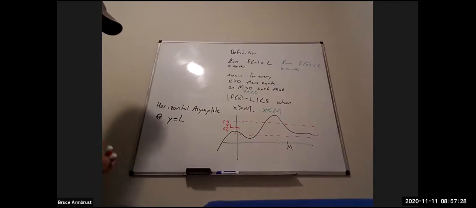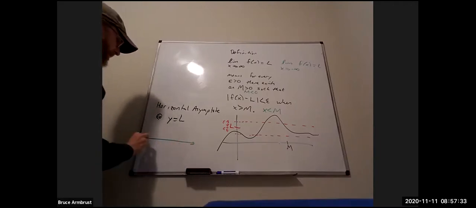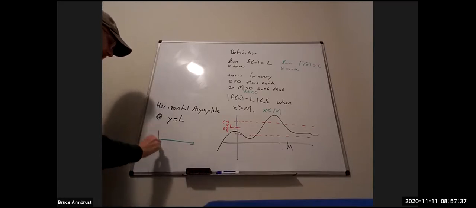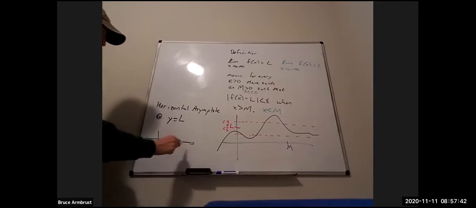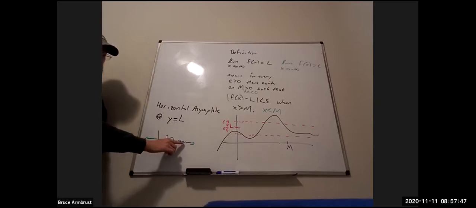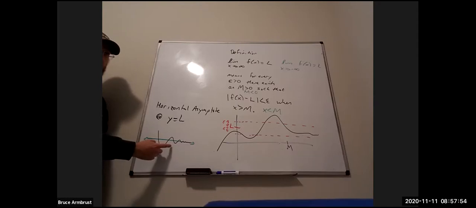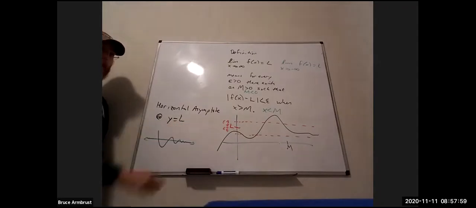For example, if I were to draw this picture, let's say this is a horizontal asymptote, I could have a function that does this, that just keeps oscillating back and forth. But notice that those oscillations get smaller and smaller. This is still a horizontal asymptote, because as we go towards infinity, as we go far away, we get really, really close to that line.